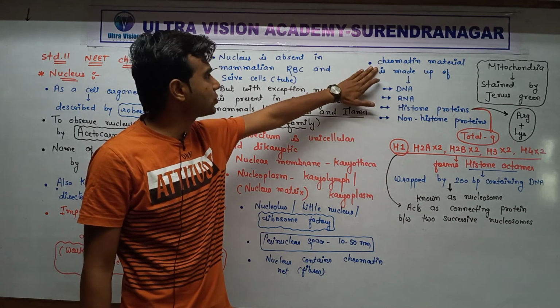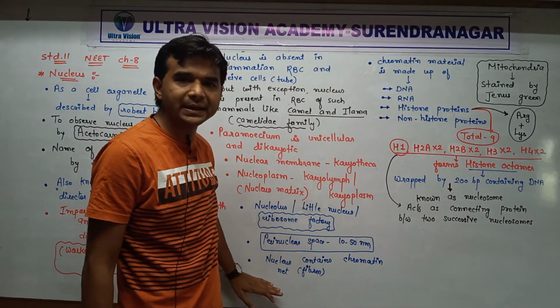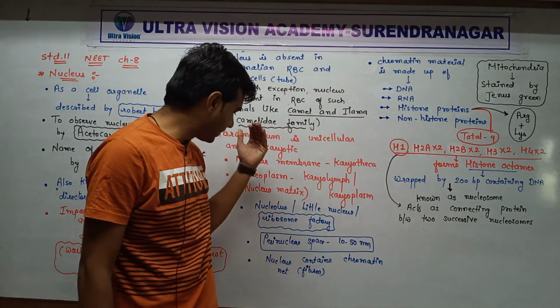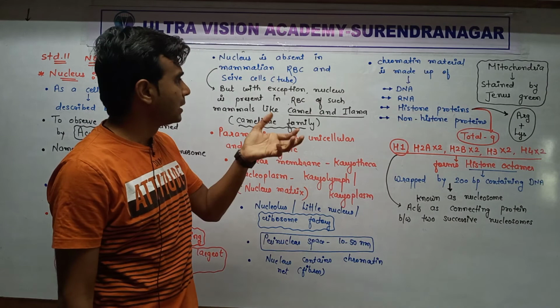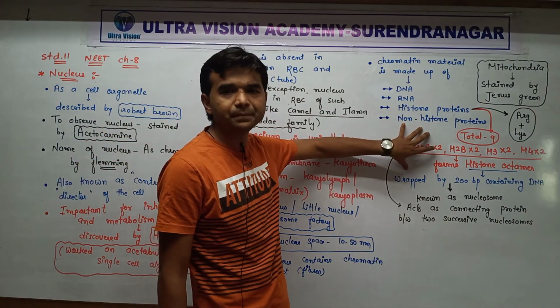Then so many chromatin fibers are united together to form the chromatin net, and then a very complex chromosome is formed there.